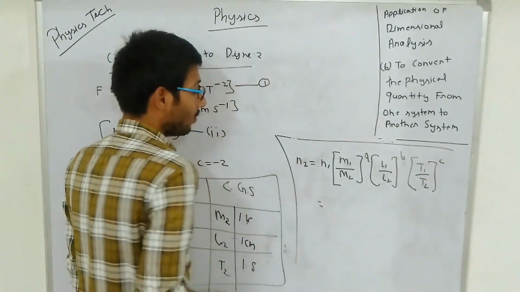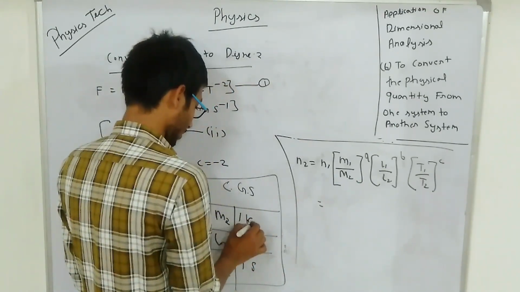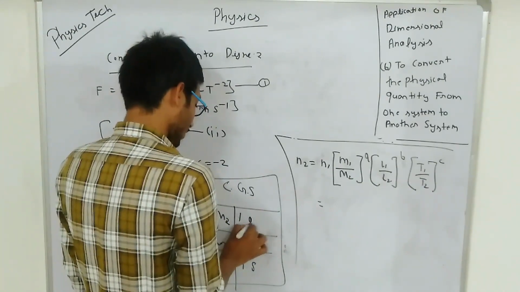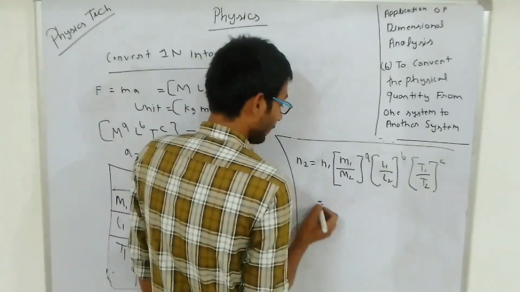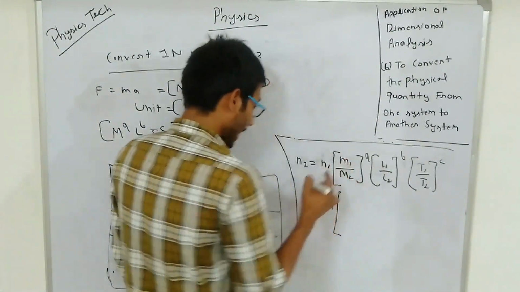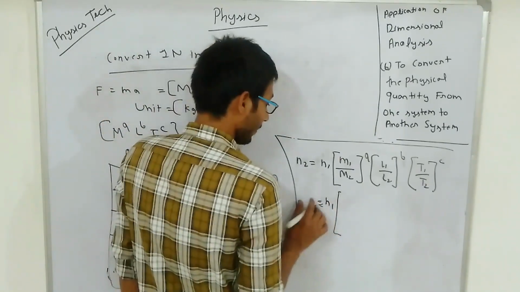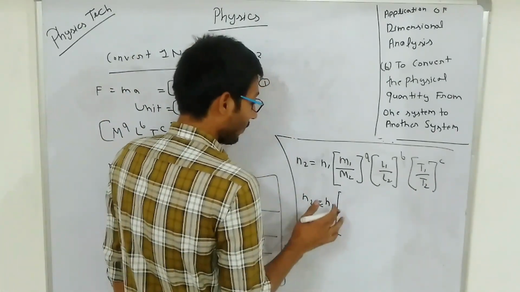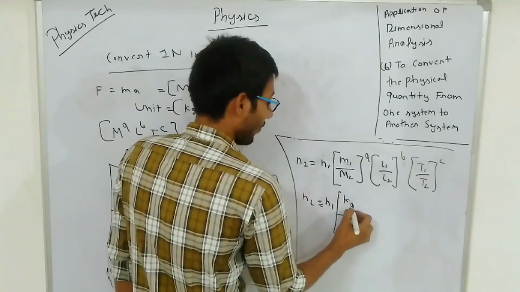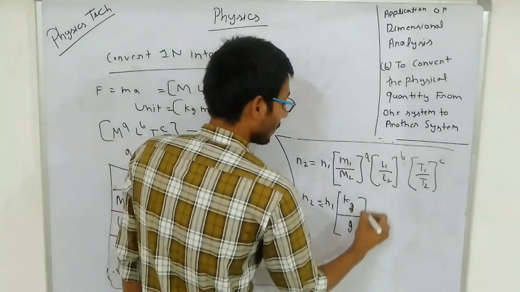Now putting all these values here: M1 is equal to kg and M2 is equal to g, to the power a.